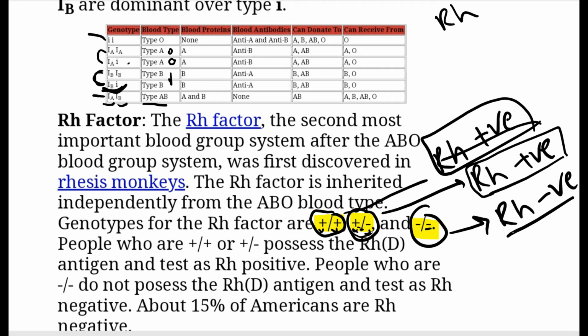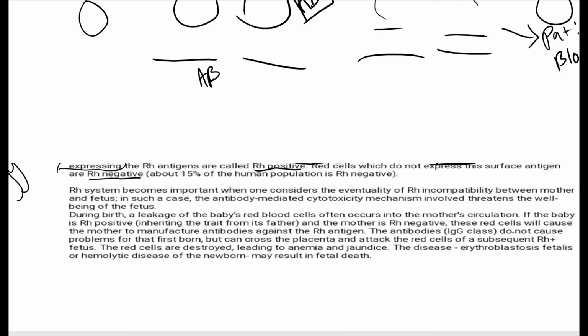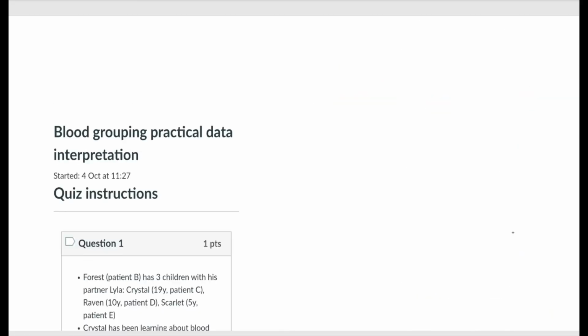Well, it's because the positive RH is dominant. So although we have a negative RH factor, remember that the positive RH factor is more dominant. So if we go back to our questions.